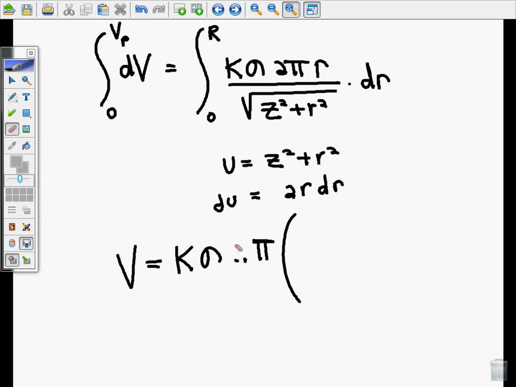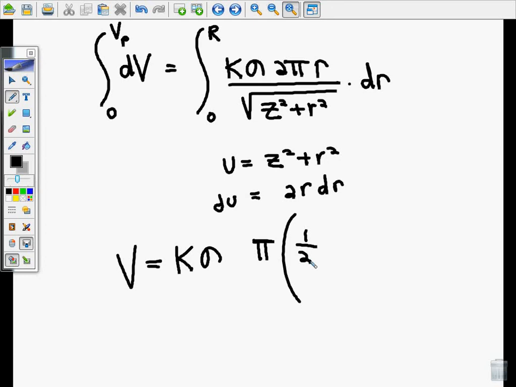So you get k sigma pi times the integral of 2r. And then you get rid of the 2r because of the anti-derivative, so it's just 1/2.